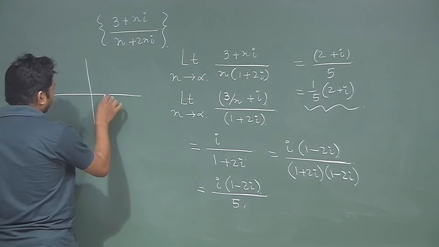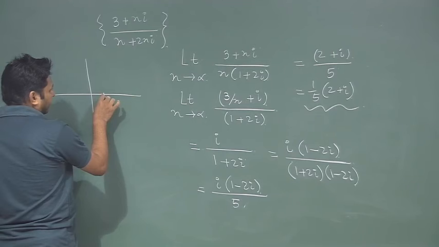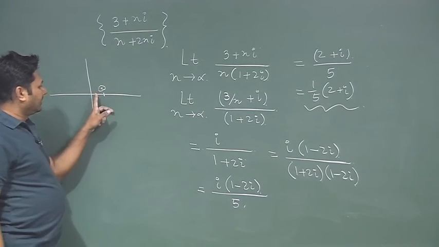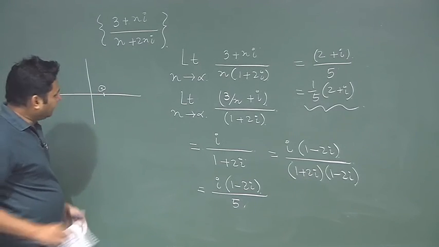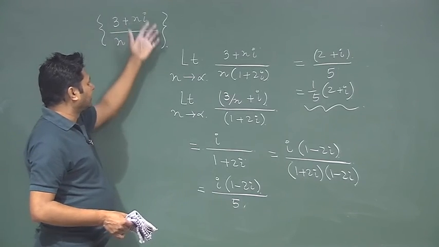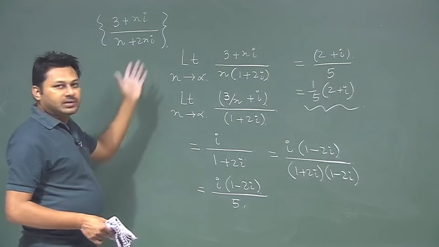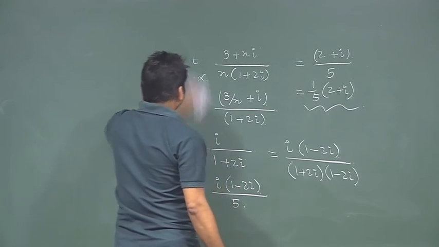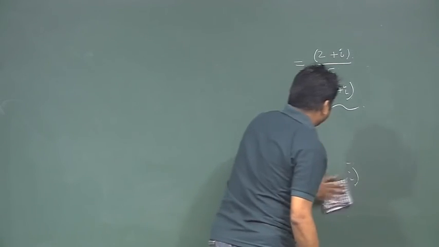So, 2 by 5 is somewhere here and 1 by 5 is somewhere here, so it is converging to some point here. It depends on how the sequence is given, but every time the procedure is the same, and if it is converging, you will find a specific point where it is converging.